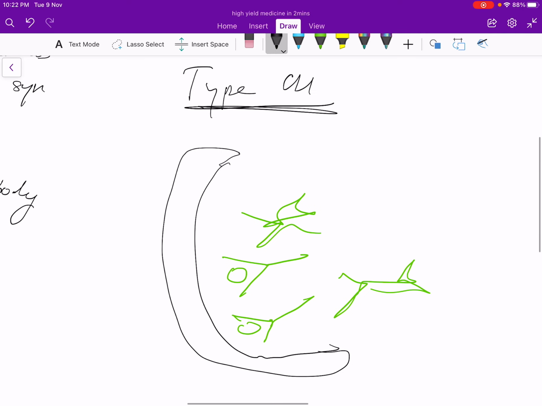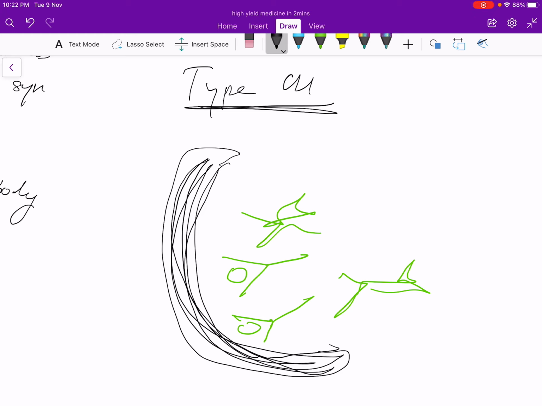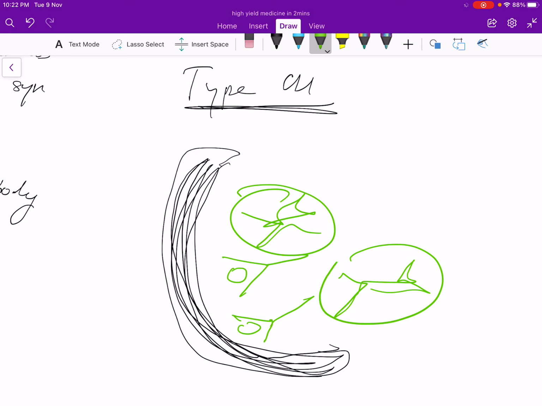Let's go to type 3 hypersensitivity. Now in type 3, this whole black thing is a normal layer of the body, and what I've drawn here are immune complexes. Okay, immune complexes.